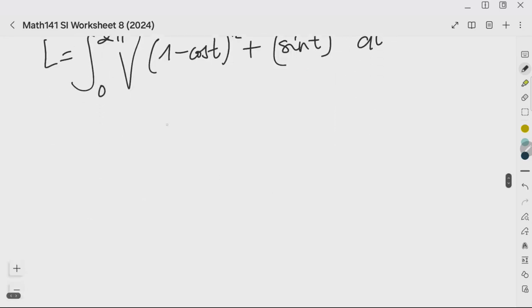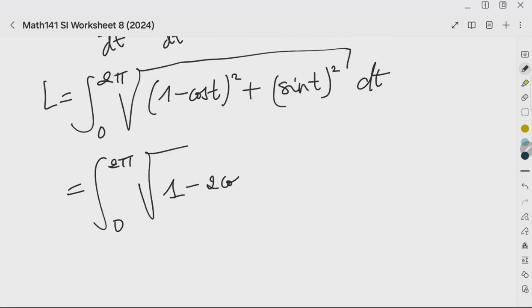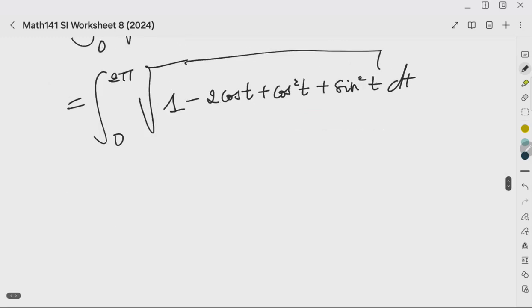Let's simplify: this is the integral from 0 to 2 pi of the square root of 1 minus 2 cos t plus cos squared t plus sine squared t dt.